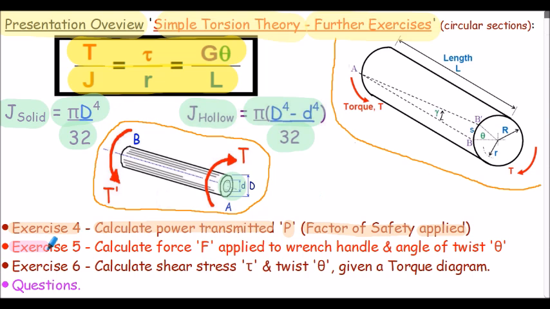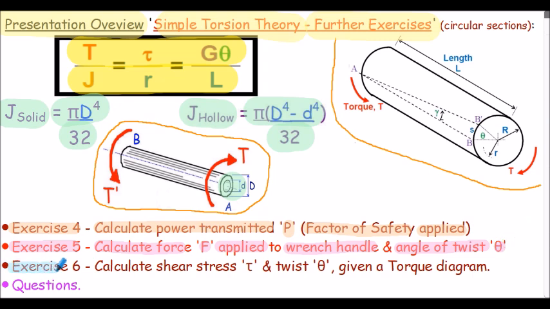Exercise 5, we have to calculate the actual force applied, F, to the handle of a wrench, typical socket wrench, and also the angle of twist of the shaft of the wrench, theta.